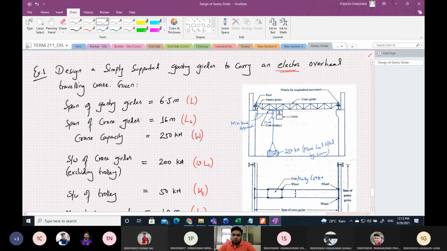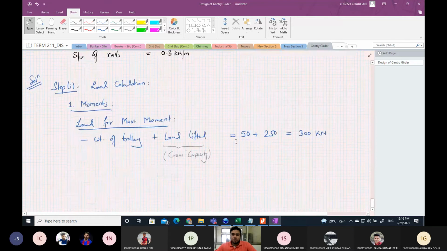So the weight of the trolley plus the weight of the load lifted will be 250 plus 50, that is 300 kilonewton.